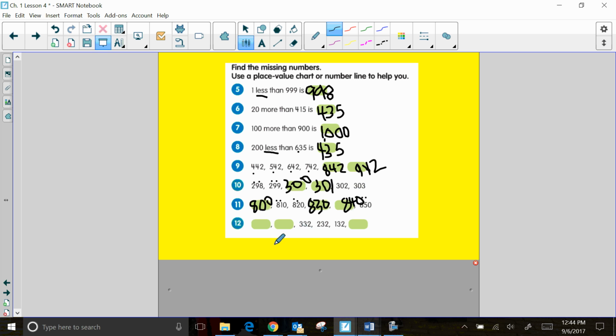All right, the very last pattern, we have blank, blank, 332, 232, 132. I can tell that we are decreasing in our hundreds place. So I'm going to go backwards this way. 332. The next 100 would be 432.